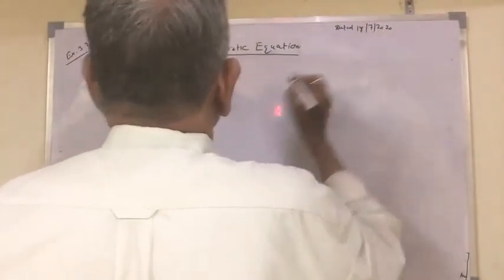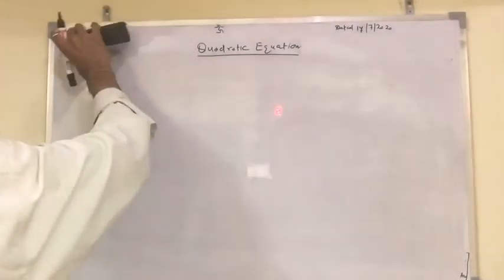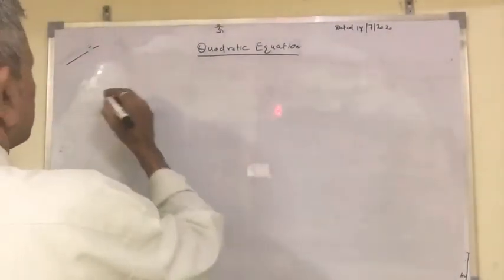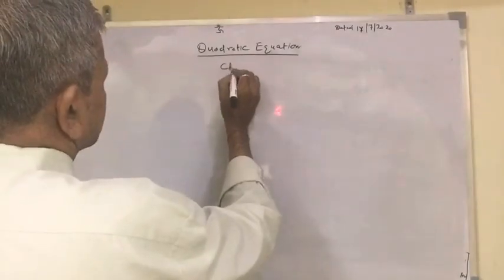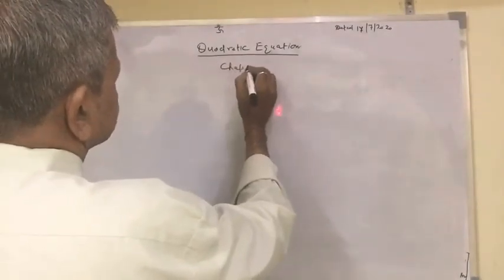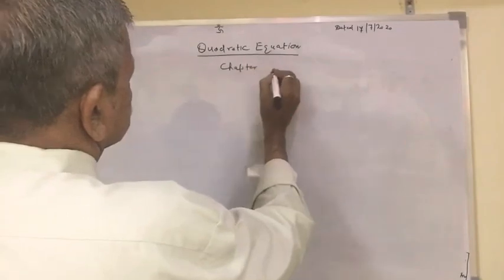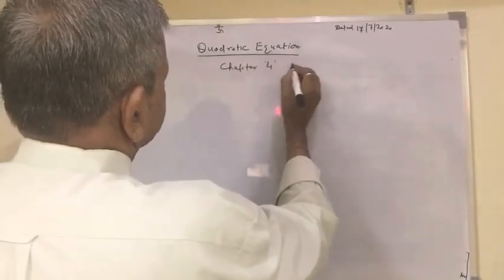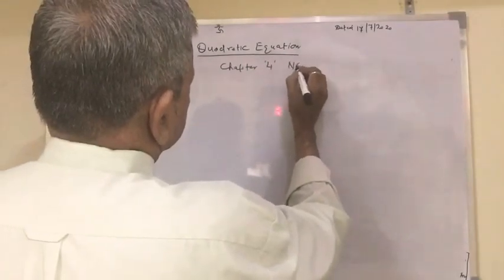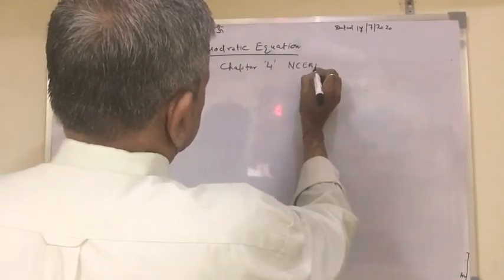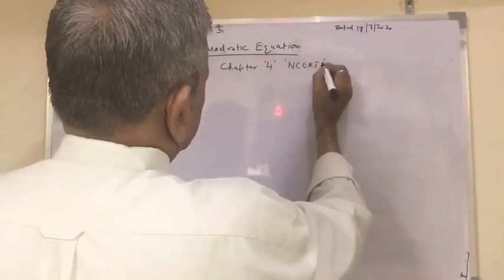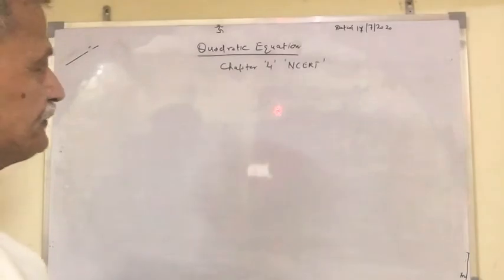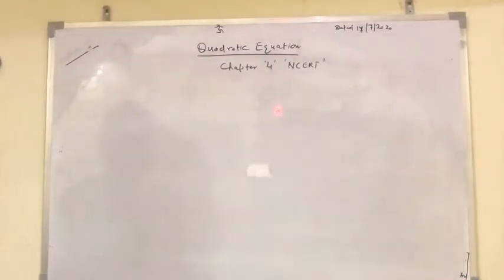Today is the 17th, and this chapter is chapter number 4 in your NCERT book. This is the quadratic equation chapter 4, NCERT.